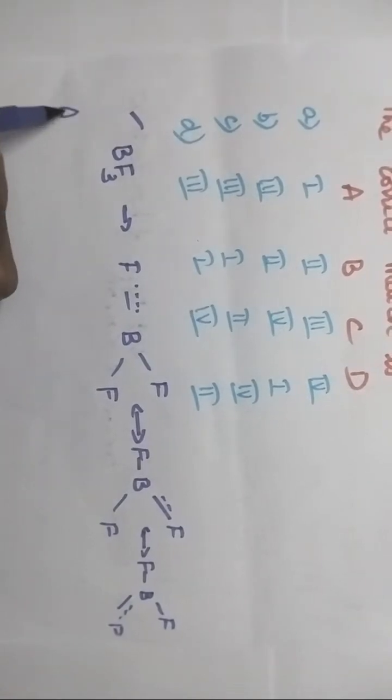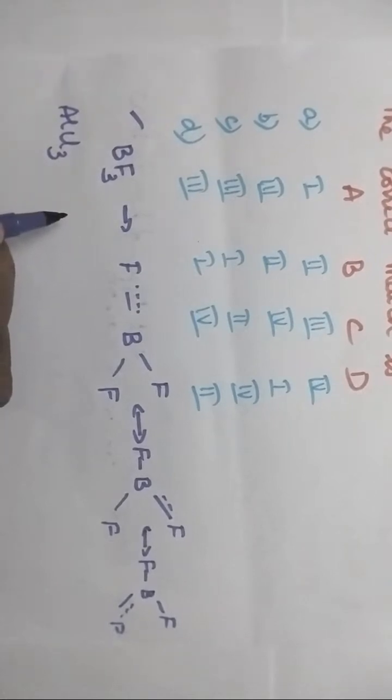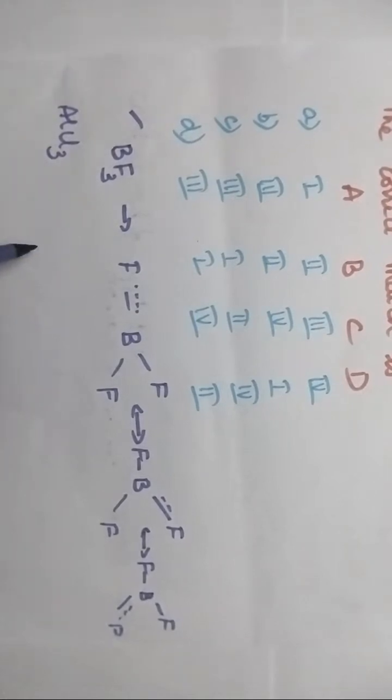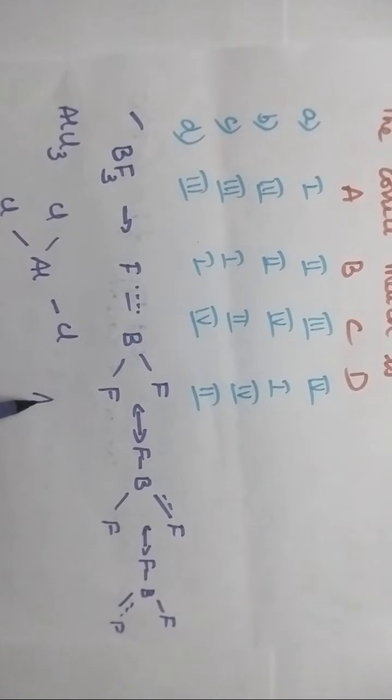When you consider AlCl3, it exhibits dimeric form, AlCl3 and another AlCl3.